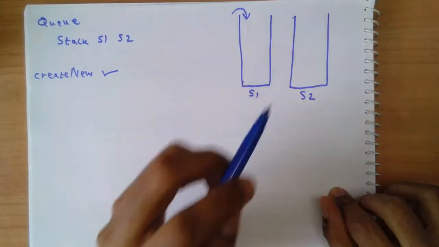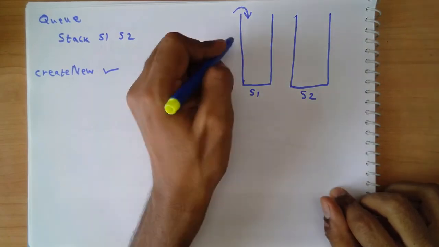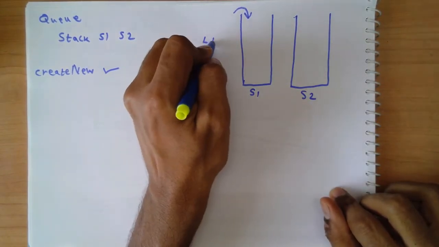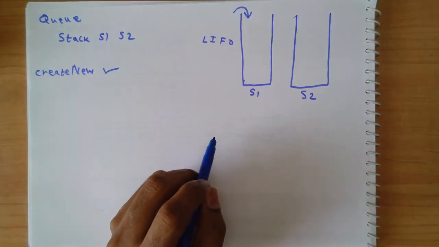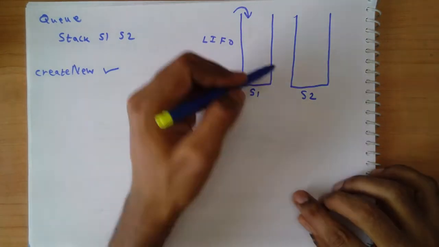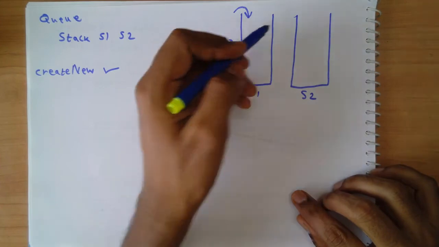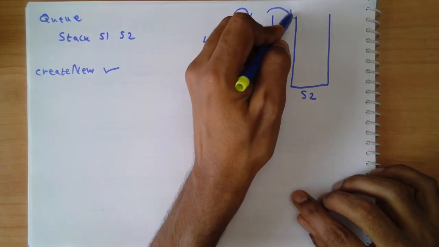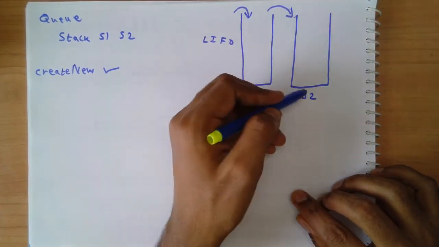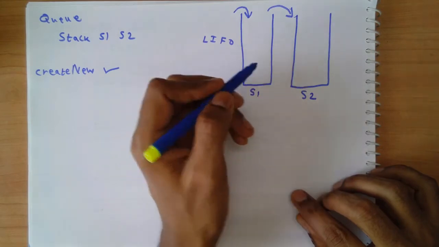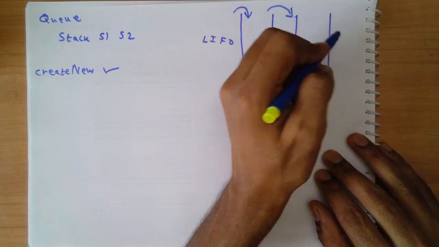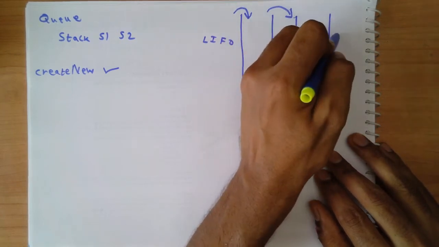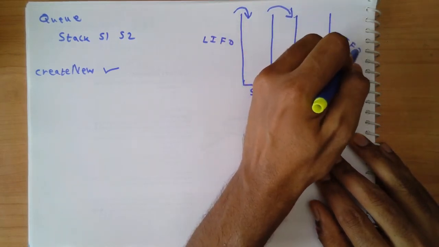Okay, so this will store the elements in LIFO order because this is a stack. But then at some point of time, I am going to take all the elements from S1, pop them, and then push them onto S2. And then what is going to happen is, this S2 is going to return the elements in the original FIFO order, right?